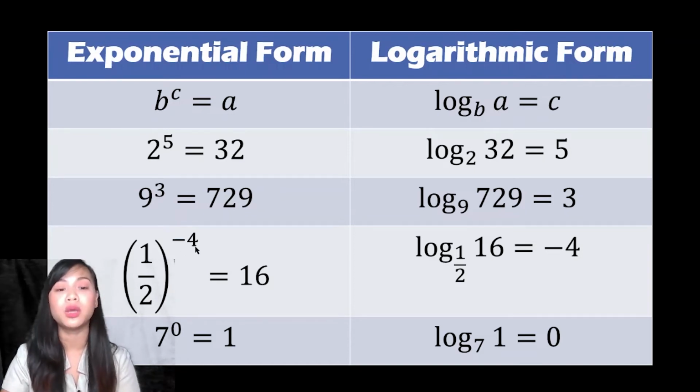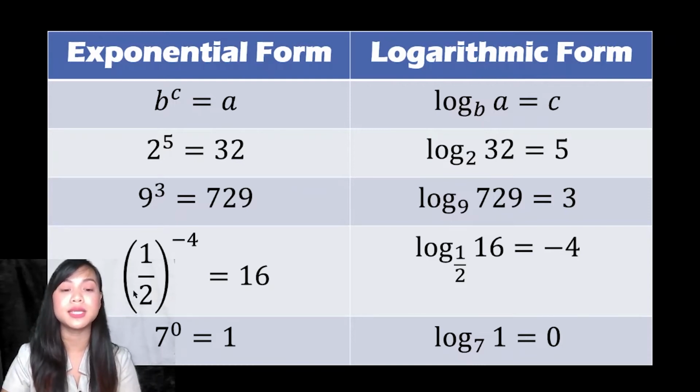When we distribute the negative 4 as the exponent of the numerator 1, it is still 1. The denominator becomes 2 raised to negative 4.